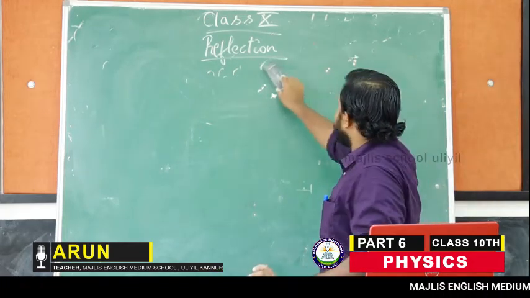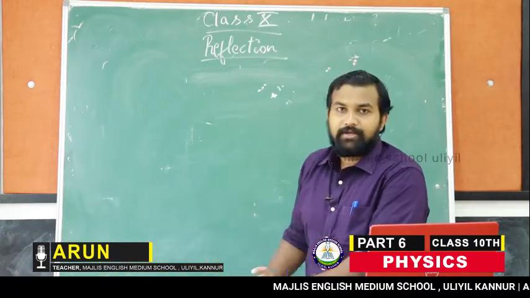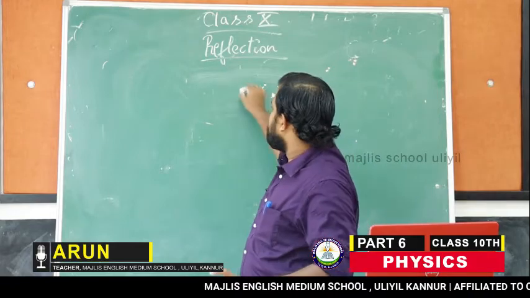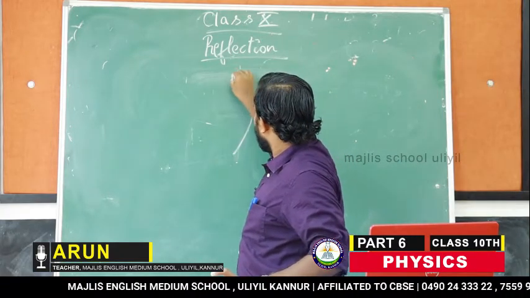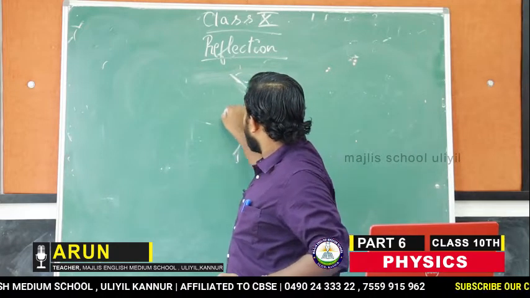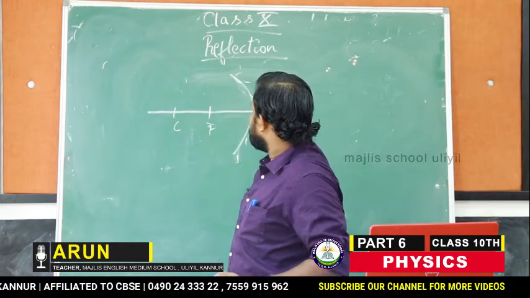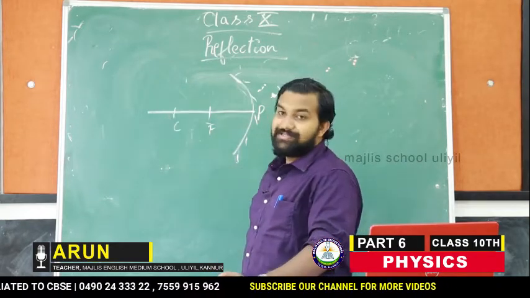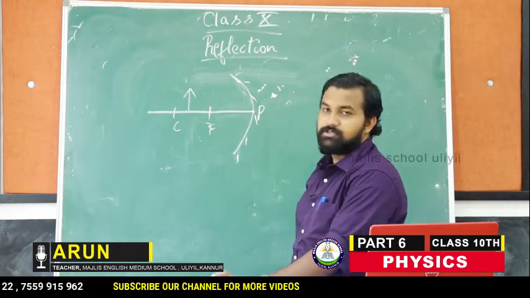The fourth case, again I am bringing it nearer. Okay, so now where do I have to keep it? This is the pole, focus, center of curvature. Before I had kept it at C, so now I will keep it between center of curvature and focus.